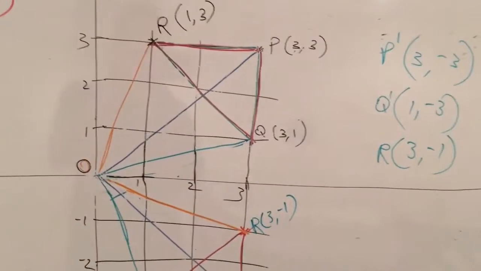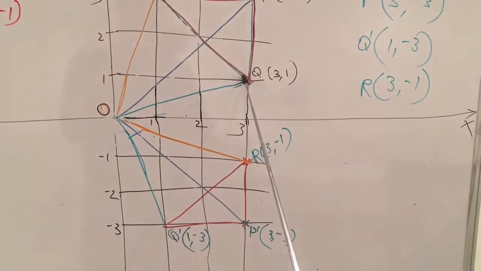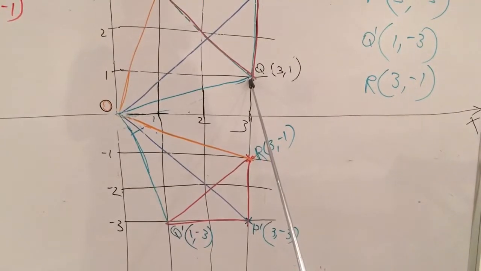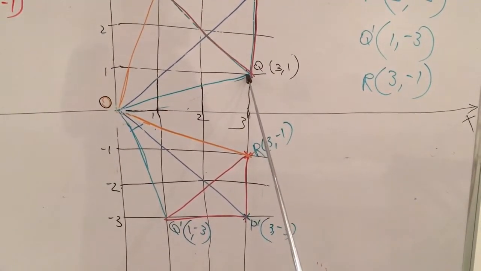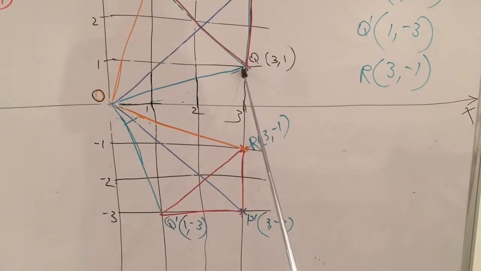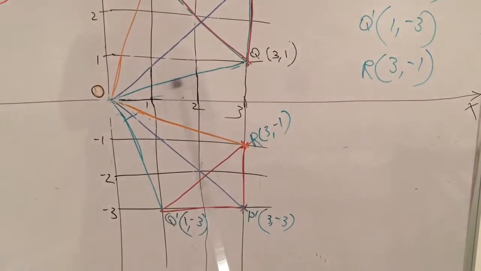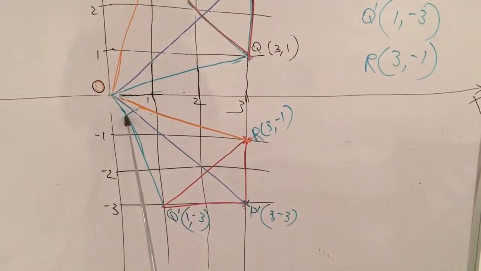Similarly, you rotate Q as well, okay? Point Q is 3, 1, and similarly as before, you draw a line QO and then rotate this line 90 degrees to the right or clockwise.